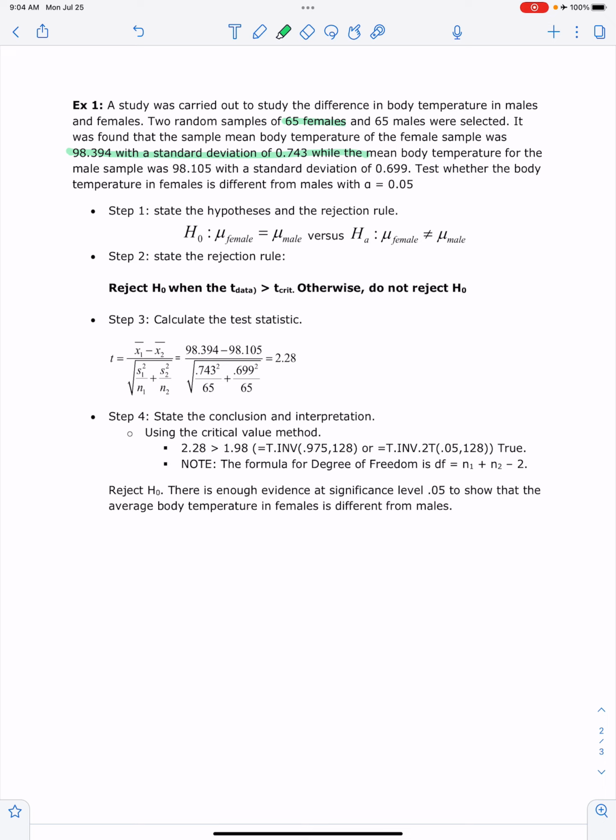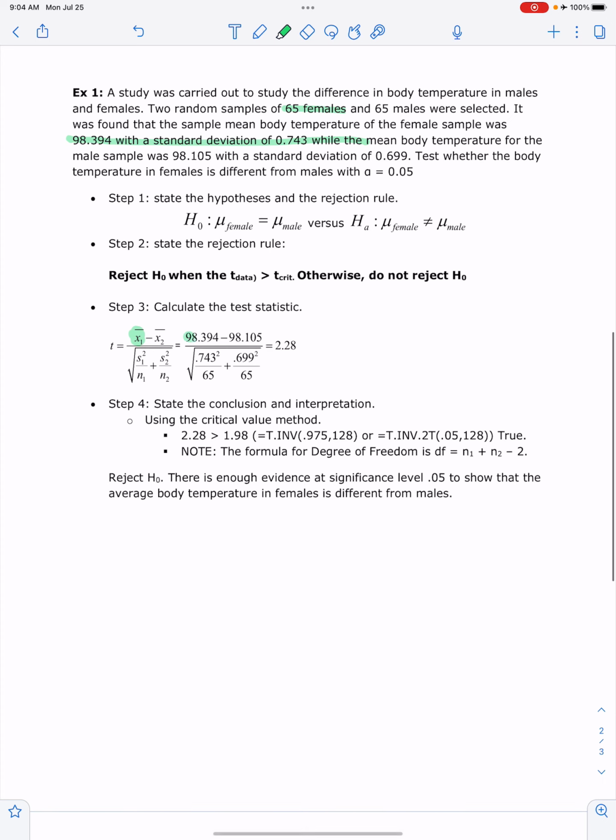So if I go down to step 3 and look at my test statistic, my female is my X sub 1 bar. Here is that value, 98.394. I've got the sample standard deviation from my female sample divided by the sample size.